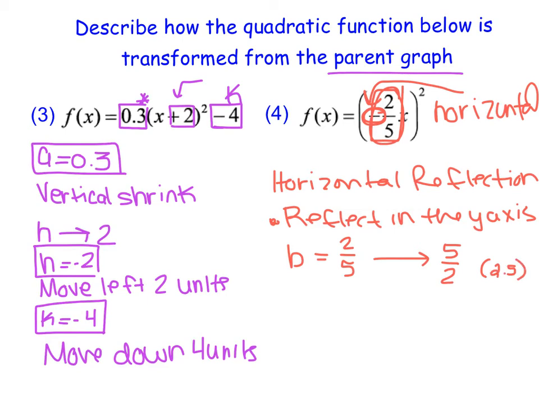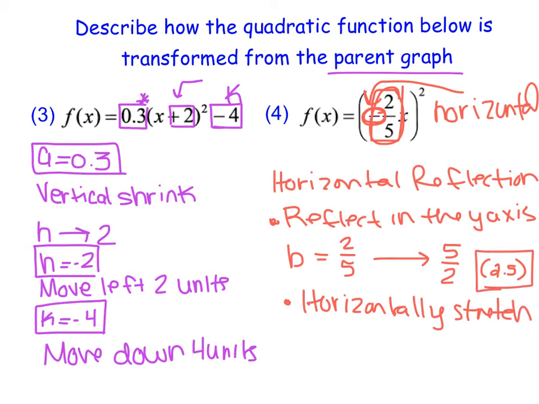So what that's telling me is that this b value of 2/5 is going to horizontally stretch our graph by a factor of 2.5 because this 2.5 value is bigger than 1.